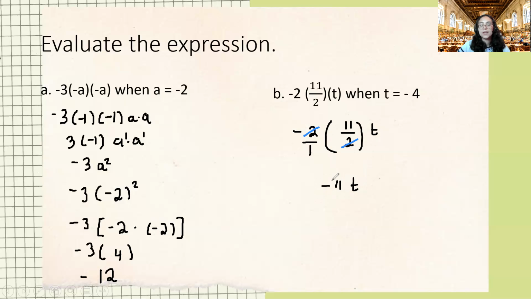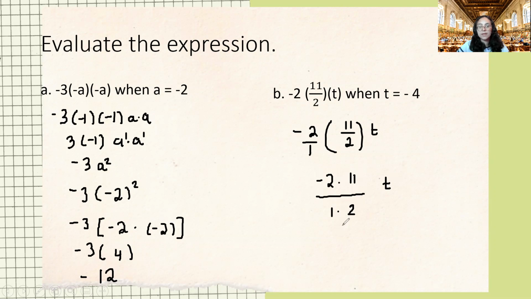Okay, but you could also do this, and we can show all of our work for this. So what we can do is do the multiplication. We can multiply our numerators, so negative 2 times 11, divided by 1 times 2, and we bring our t along.